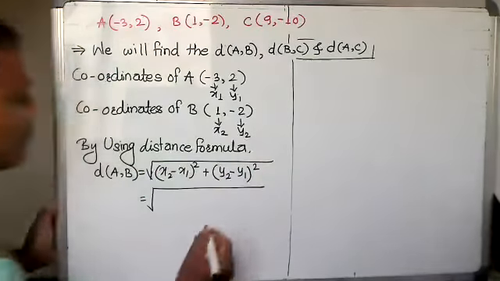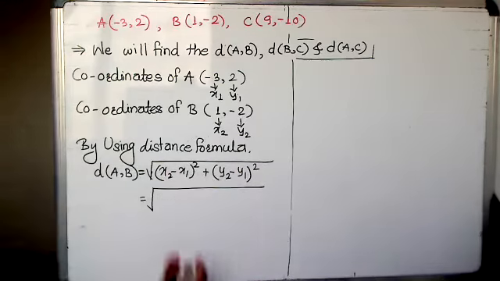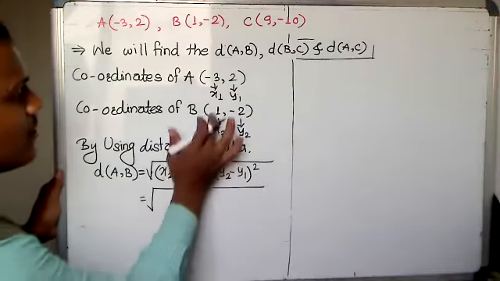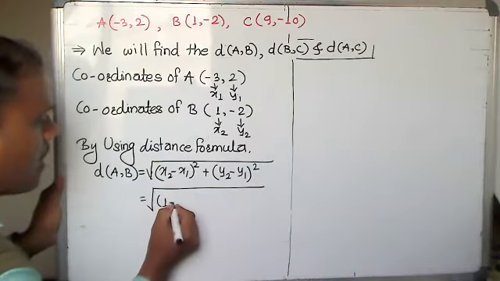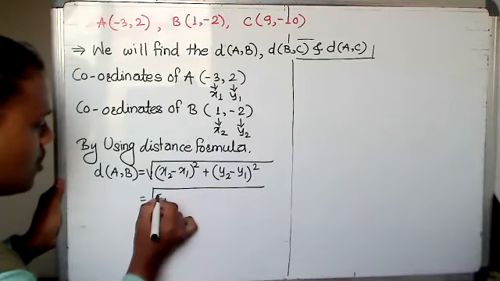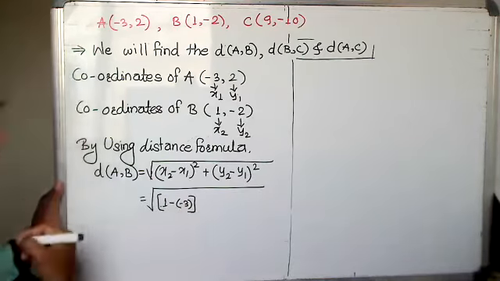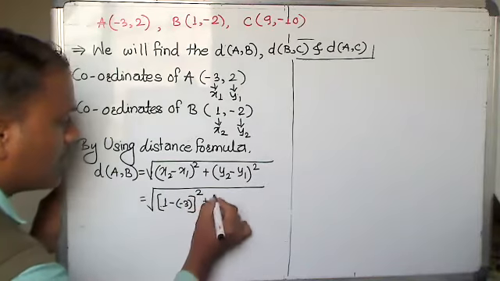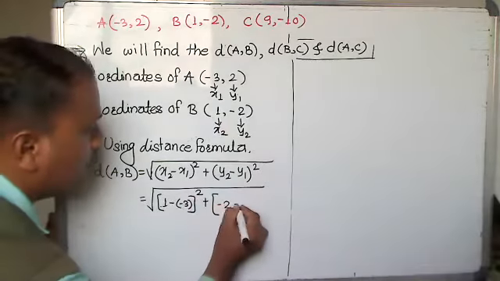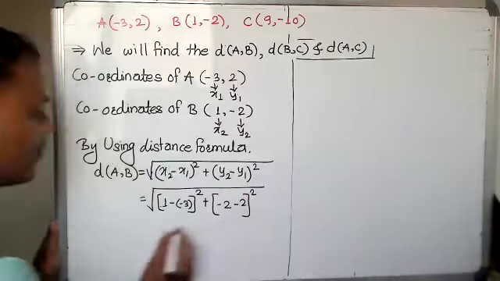Now just put the values of x1 and y1, x2 and y2, which we have shown here. Value of x2 is 1, minus value of x1 which is minus 3. So (1 minus minus 3) whole square plus value of y2 which is minus 2, minus value of y1 which is 2, whole square.